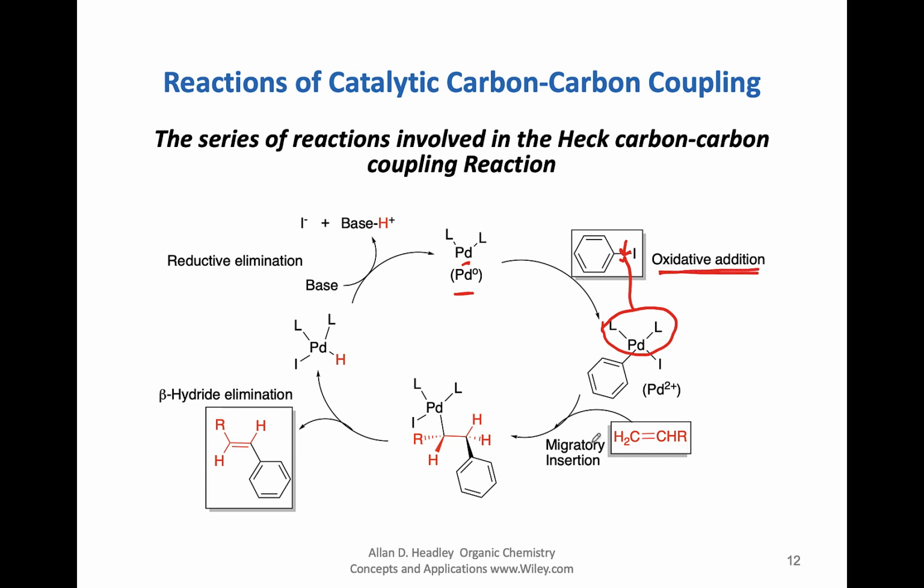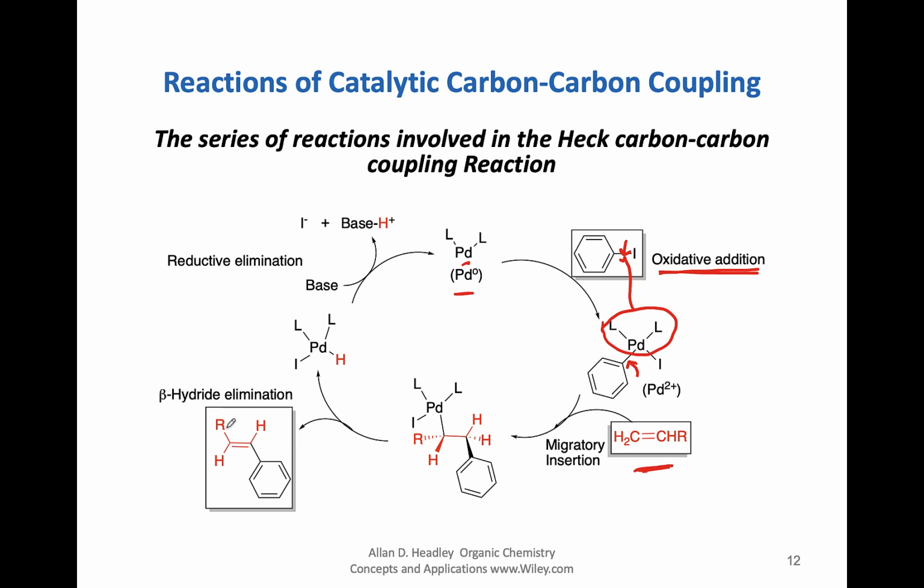The next is a migratory insertion, where we now introduce our alkene. Here it is in red. It's going to insert right in here. As you've seen, here it is. So this is a migratory insertion. The cycle is still not finished.